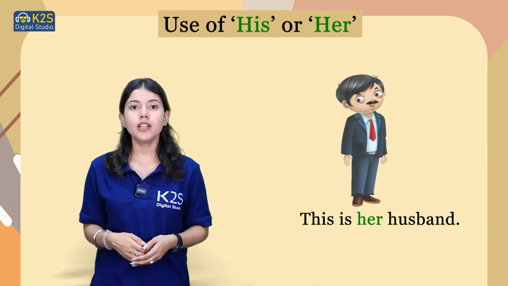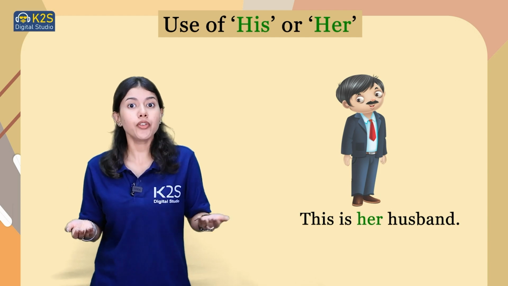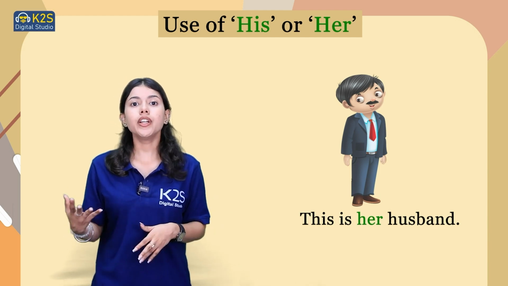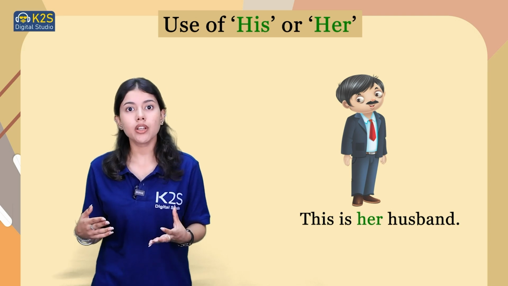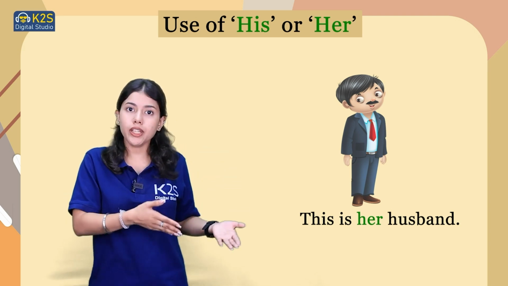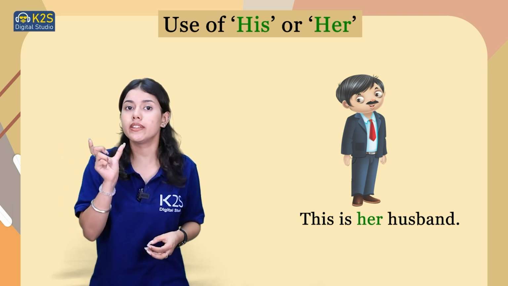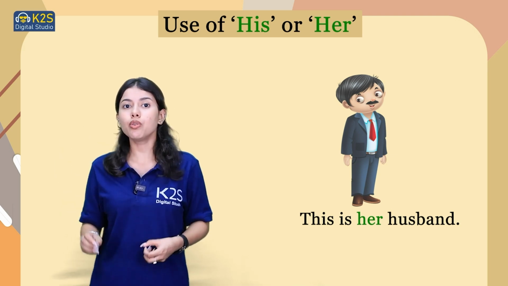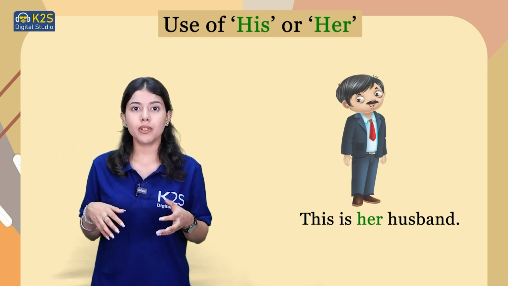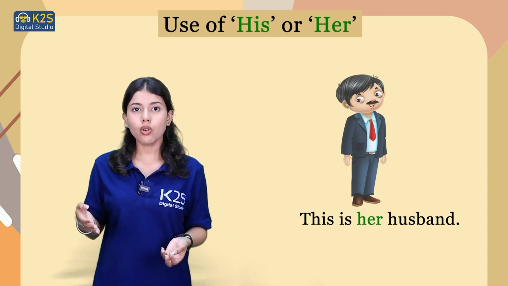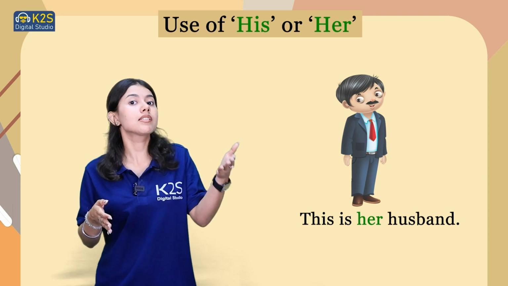For example, this is her husband. In this sentence, we are talking about a woman whose husband is standing over here. Instead of naming that woman, we used her. For example, if the name of the woman is Rama, this is Rama's husband.